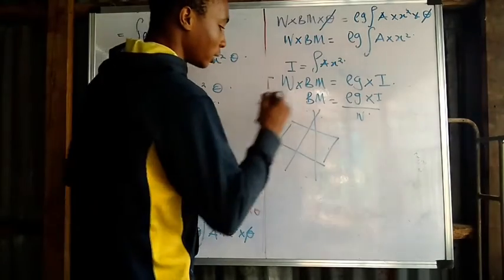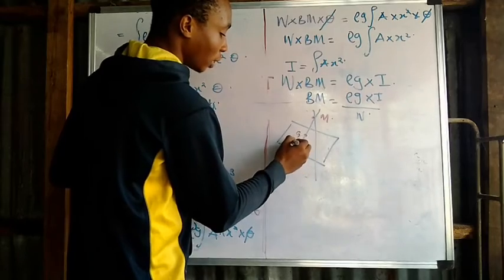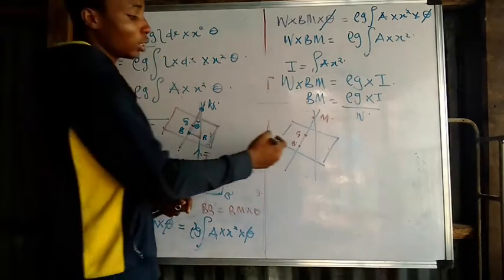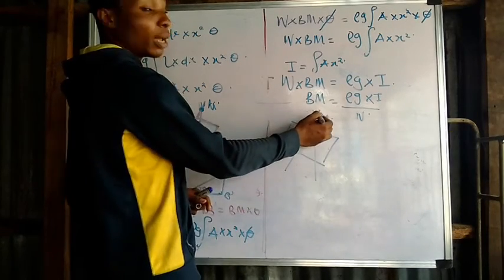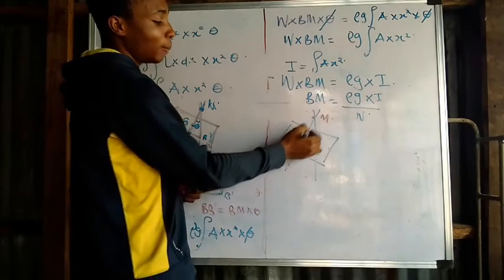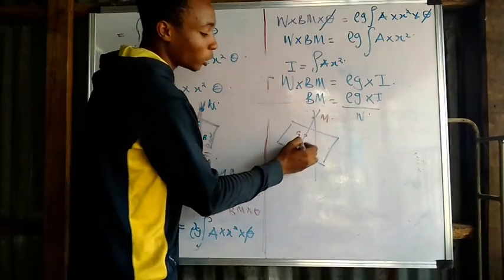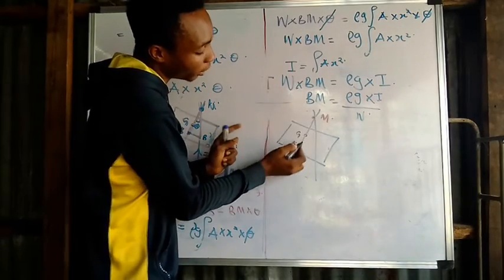The metacentric height to M, and we have the center of gravity and the center of buoyancy. To get GM, which is the metacentric height, we need BM minus BG. To get the distance from here to here, we need the distance from here to here minus the distance from here to here.